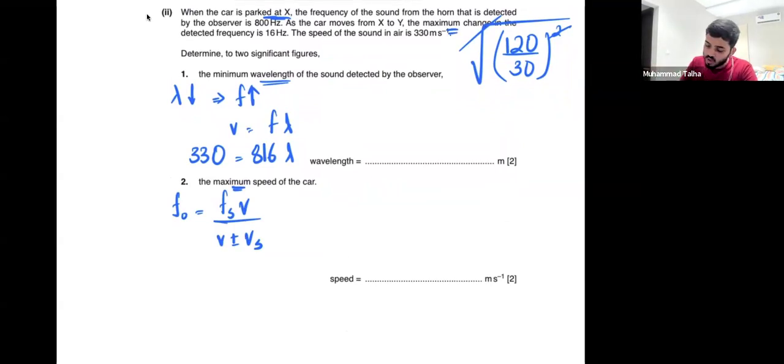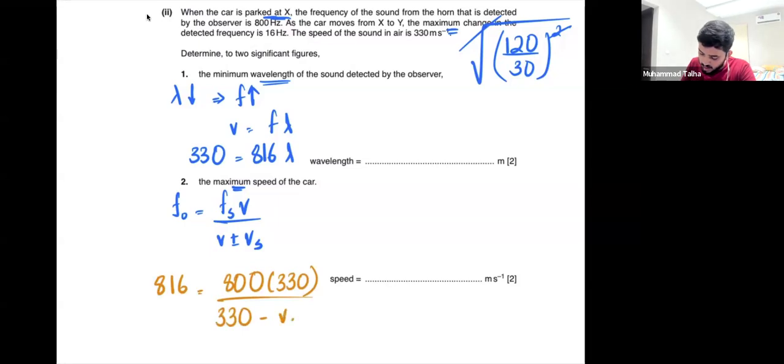So the observed frequency would obviously be larger. It would be 816. What was its actual frequency? 800. v is the speed of sound, which is 330. And because I'm taking the max frequency, this is going to be minus, and this is v_s. And from here, you just make v_s the subject of this equation.